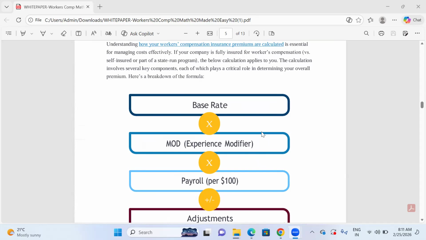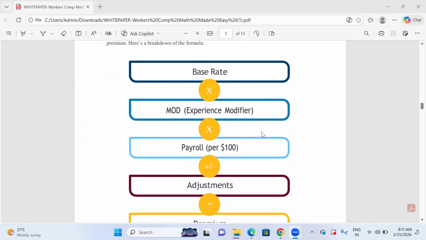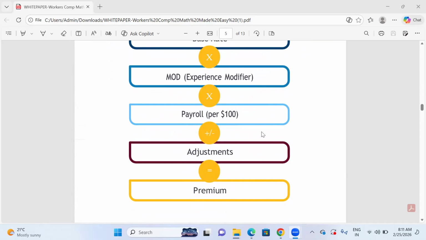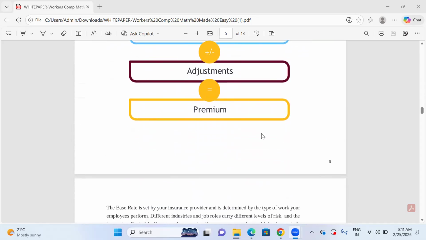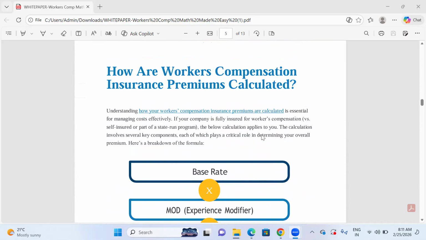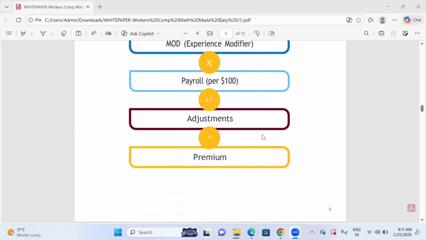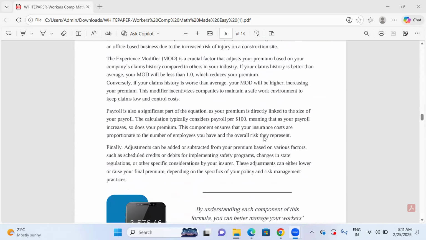The base rate is multiplied with the experience modifier, which is then applied to the payroll the workers are taking. Then adjustments are made: if you want to add any adjustments, or subtract or deduct any, that can be done, and finally the premium will be calculated based on that. This is a high-level understanding of how we calculate the base rate or the premium, which is important.